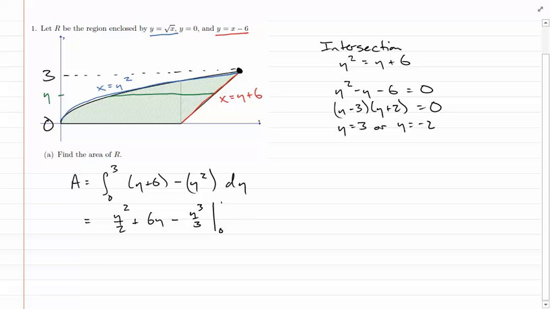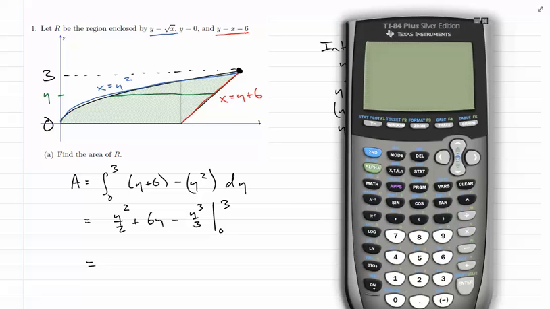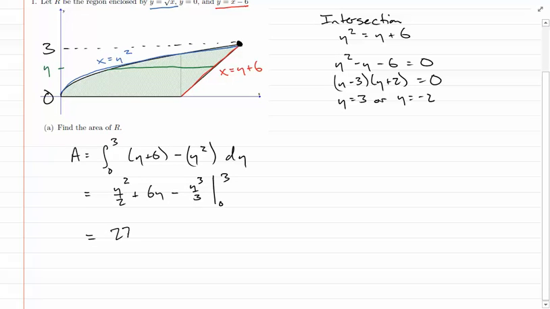That's going to be evaluated from 0 to 3, so you're going to do 3 squared over 2, plus 6 times 3 minus 3 cubed over 3. And I get 27 halves. So that's the area of our region.